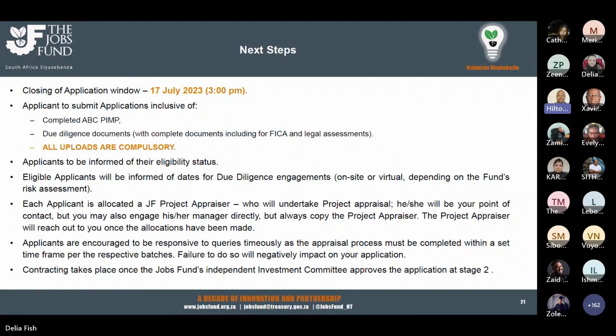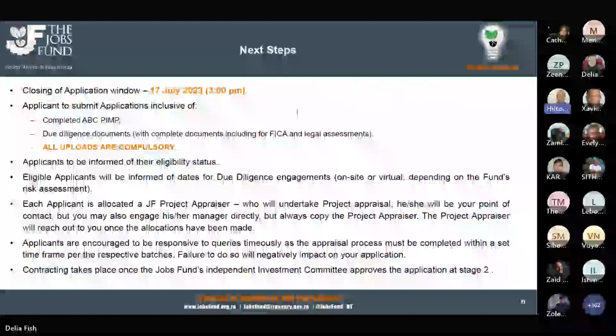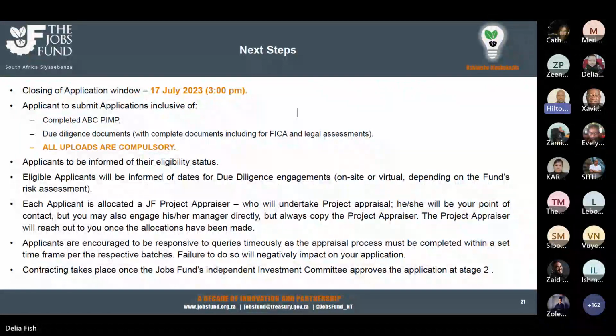Please respond to all queries timeously. Those who have worked with us know that the communication during due diligence is a very iterative process, and as teams are assessing your application, they may pick up things that they need responses to, and when they ask you to respond by a certain time, please don't be despondent.